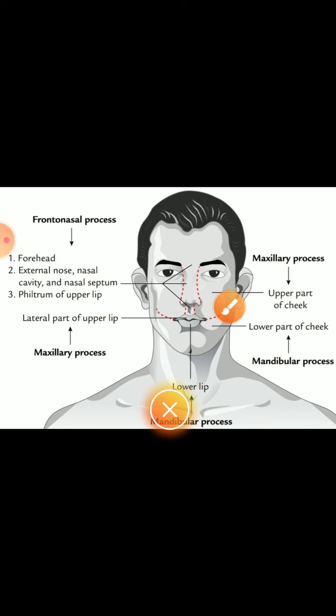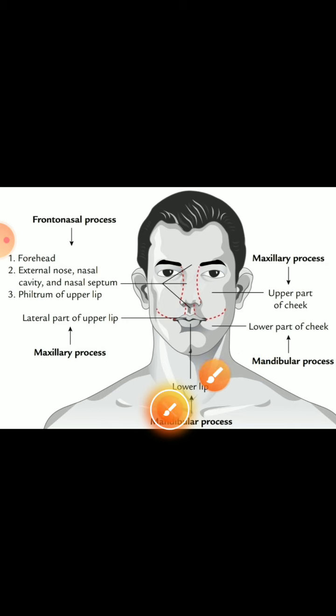I'll repeat again. The parts of the face derived from the maxillary process are the upper and lower parts of the cheek and the upper part of the lips. Clear? Fine. Next we'll see what happens to the mandibular process.